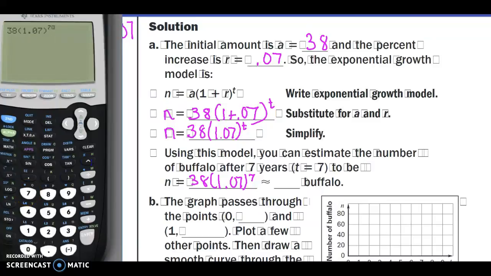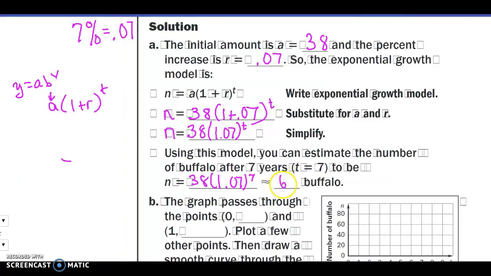It should look like this, and enter, and we get, and you notice it's a decimal, so we're going to round this off. This is buffaloes, so I'm going to round it off to the nearest buffalo. It's about 61 buffalo. So after 7 years, they'd gone from 38 to 61 buffalo.